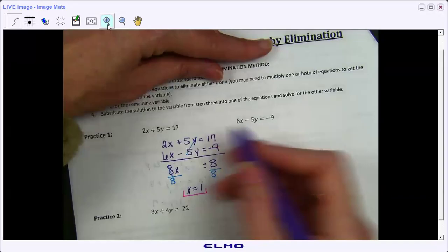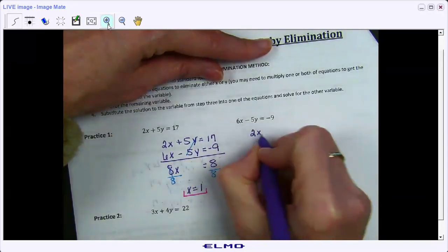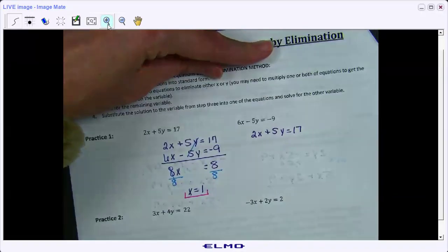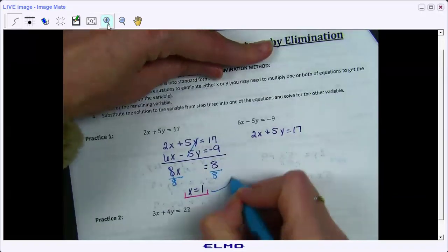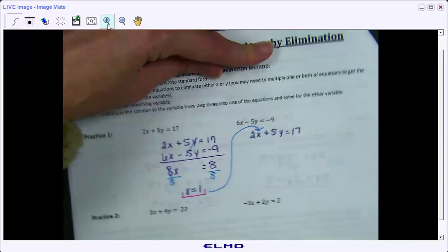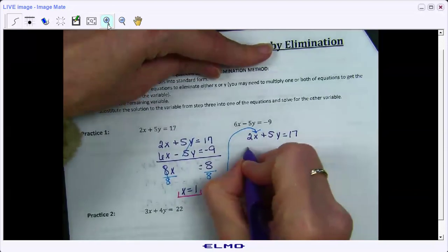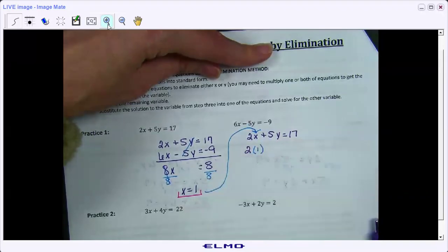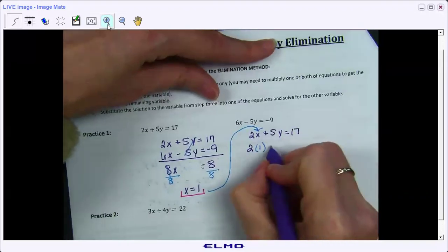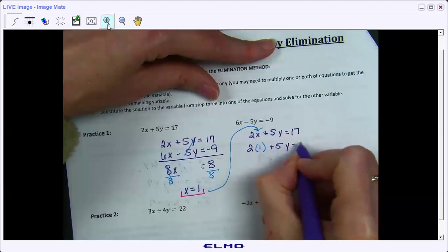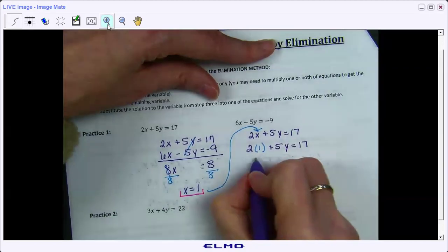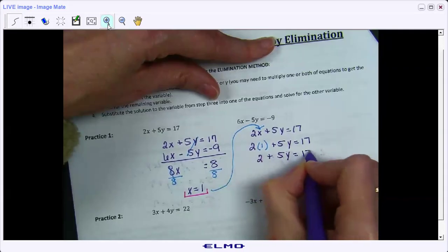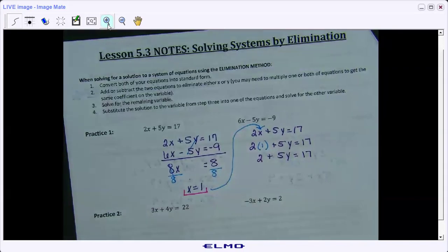So I'm going to rewrite the first equation, 2x plus 5y equals 17. And I'm just going to substitute 1 into where the x is to solve for y. And you should be able to solve from here. So go ahead and finish solving this.